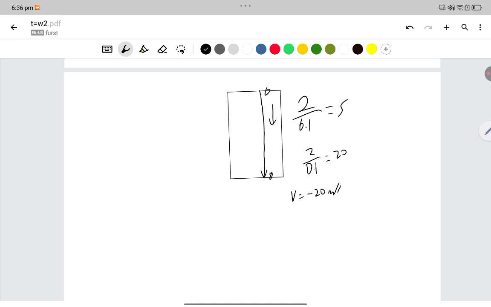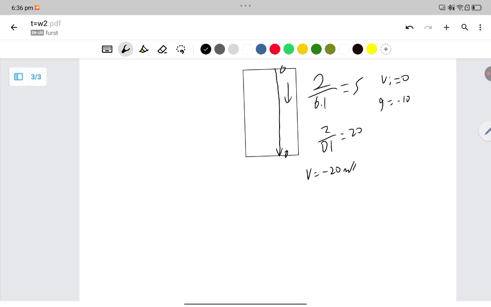We want to find how far it's traveled from the top to reach this point. And we know the initial velocity is 0, and they said gravity was 10. It's technically negative 10. Let's use that formula we used before, the one that has final velocity and initial velocity. Because we're looking for the distance, right? So final velocity, we've got a negative 20.